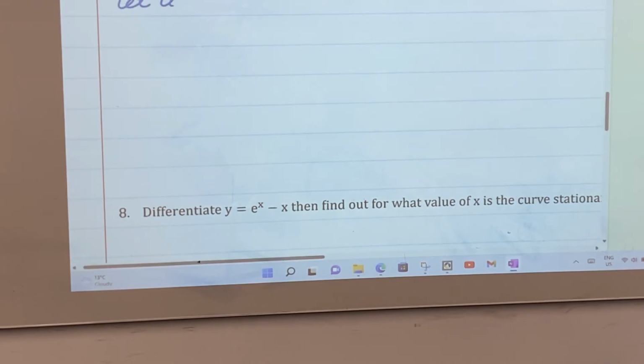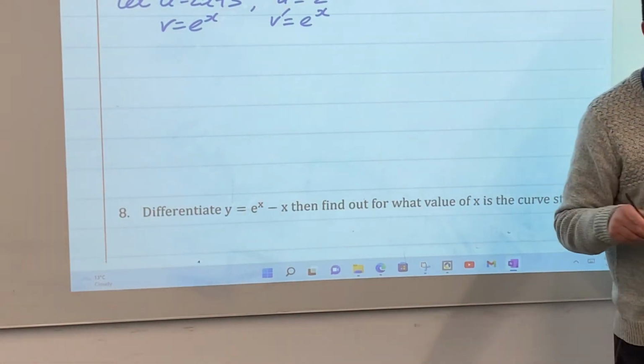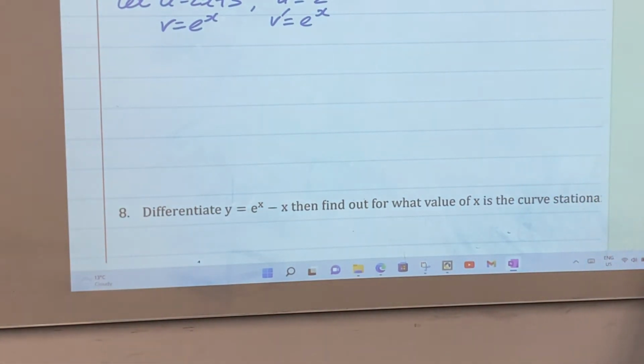Let u equal this, v equal this. What's u dash? 2. What's v dash? Yes. It's just the original function, right? Now, once I've identified those elements, then I'm in a position to apply quotient rule.